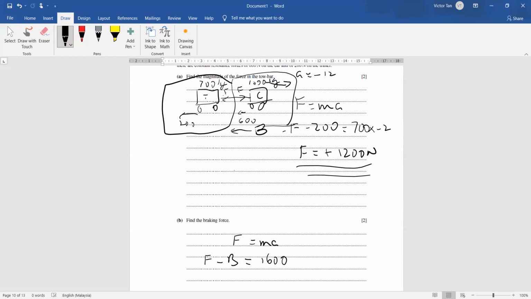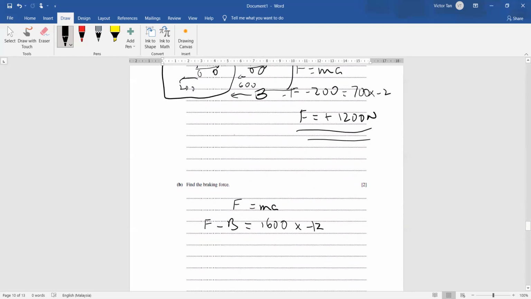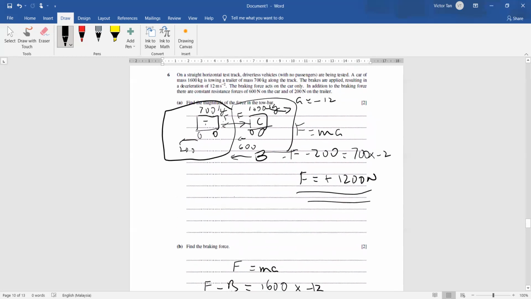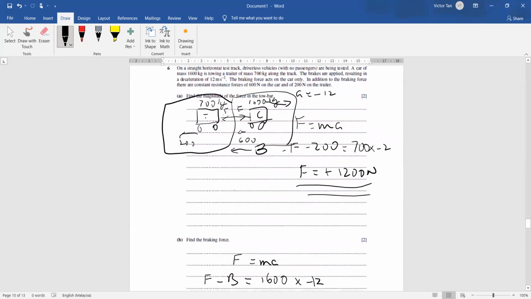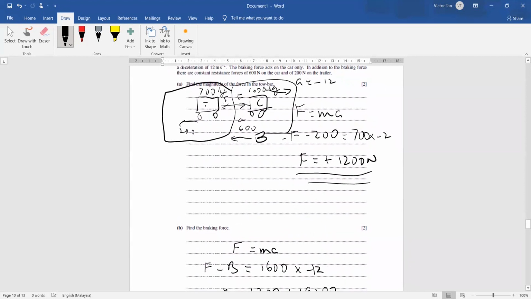Mass of the car is 1600 times minus 12. Okay. So your braking force is the force F, which is 1200 plus 19,200. So your braking force is 20,400. So now, in this problem on forces, it is always important that you draw the direction of the forces correctly.